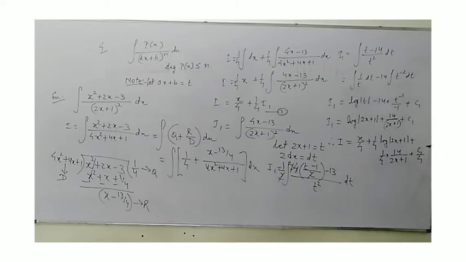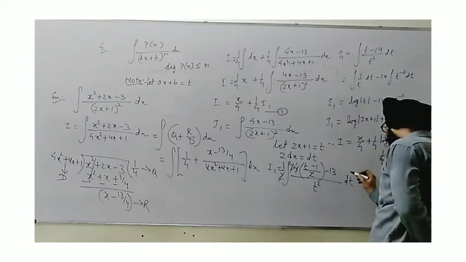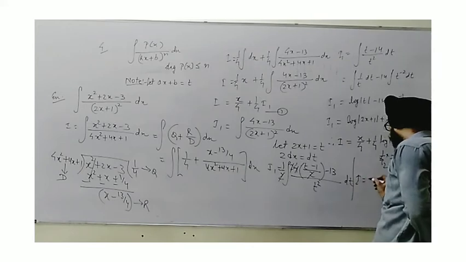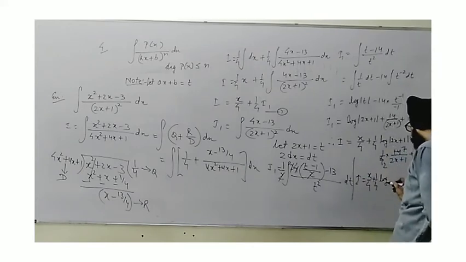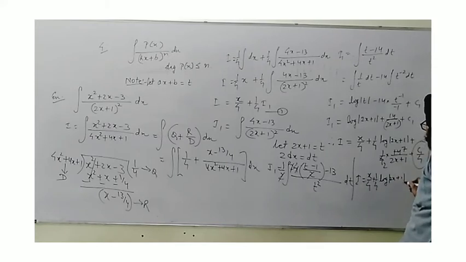Now as a whole, as I said, at last we put the constant as c. So here cancellation, we get the final value of I as x upon 4 plus 1 by 4 log of mod 2x plus 1 plus 7 upon twice of (2x plus 1) plus c.